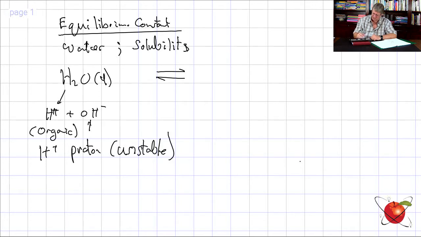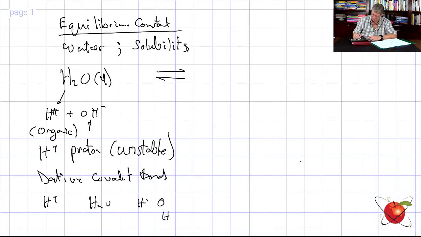We've seen him in dative covalent bonding. It's unstable. He goes and he finds mates. And it forms a dative covalent bond with water. So what it does is it takes the H plus, it goes and sits with the H2O. Remember the H, the O, the H, the H plus went and sat at the pub over there.